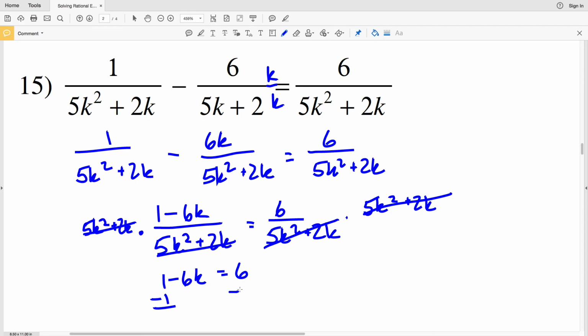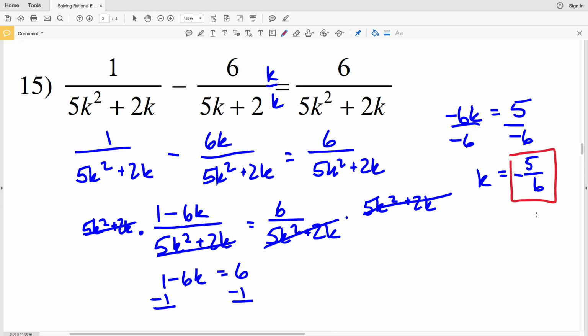Subtract 1 from both sides to get that negative 6k equals a positive 5. Then we'll divide both sides by that negative 6 to get that k equals 5 over negative 6, so negative 5/6. So negative 5/6 is the answer for number 15.